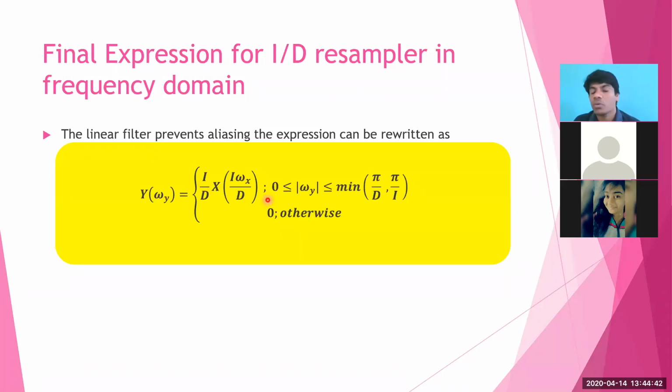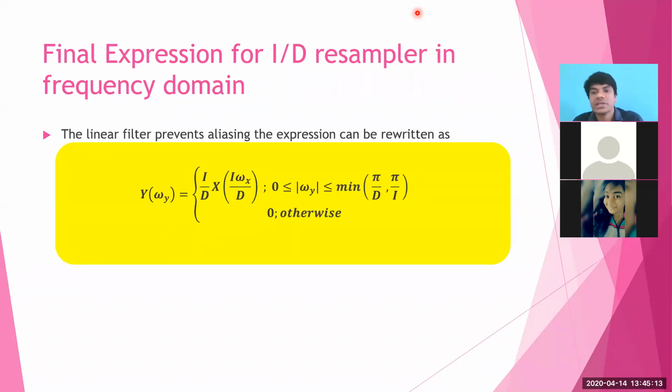So as a result, we have only one image, which is in fact I by D. Its sampling rate is increased by a factor I, and it is being decreased by a factor D. And this is what we can call sampling rate conversion.